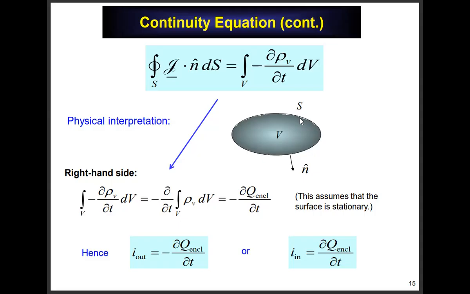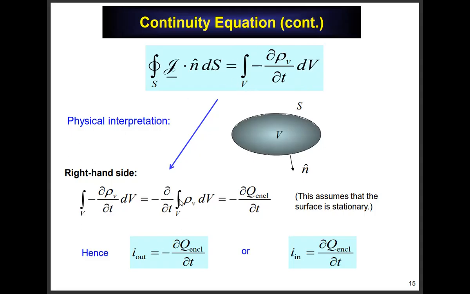They could be, but in most practical cases they're not. If the volume and the surface S are stationary, then calculus says it doesn't matter whether the time derivative is kept on the rho v or taken outside, because the volume itself doesn't change with time. So I can take the form I have right now and just take the time derivative on the outside.